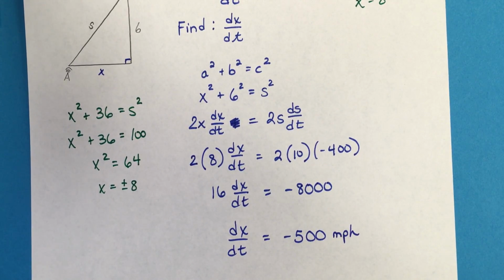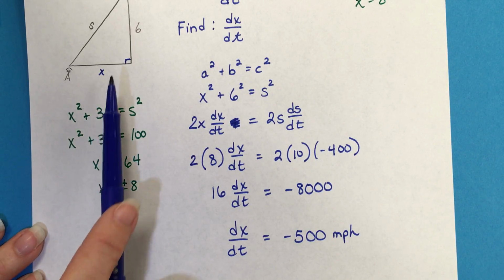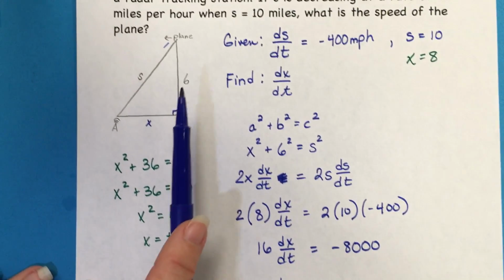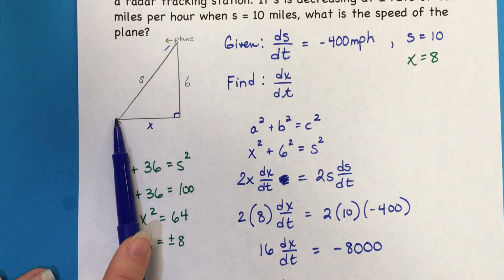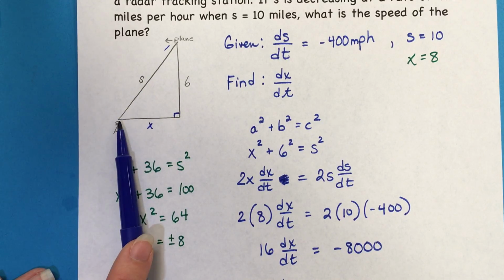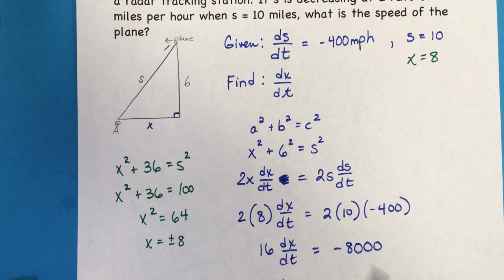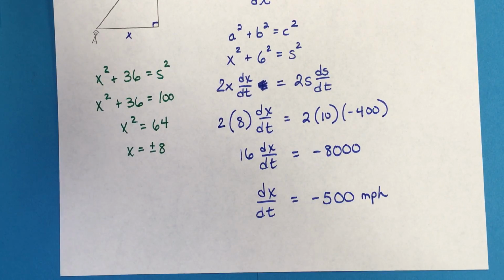Now, the fact that it came out to be negative ought to make sense based on what I was explaining a while ago, because as the plane flies this way, remember s is going to be getting shorter, but x is also going to be getting shorter. So the distance is going to be less. So that's why that comes out to be negative, because it is something that's decreasing.